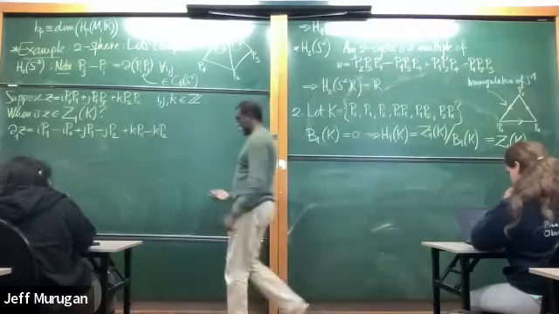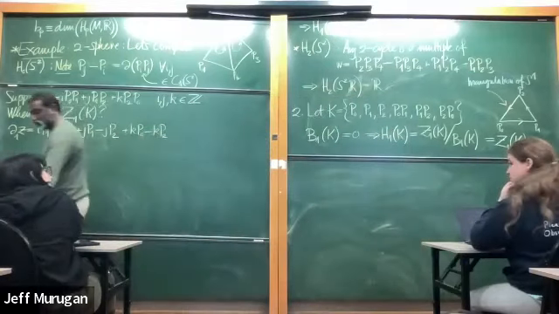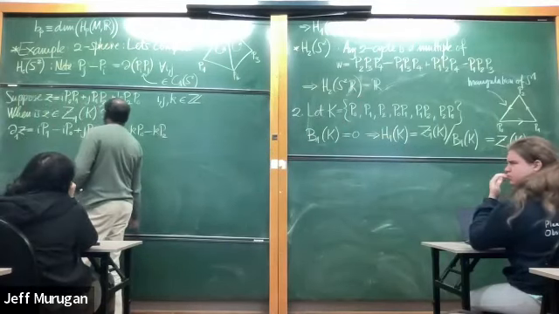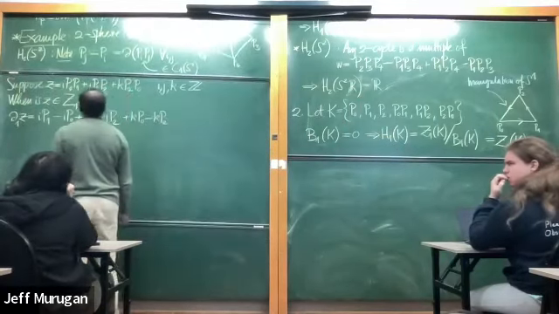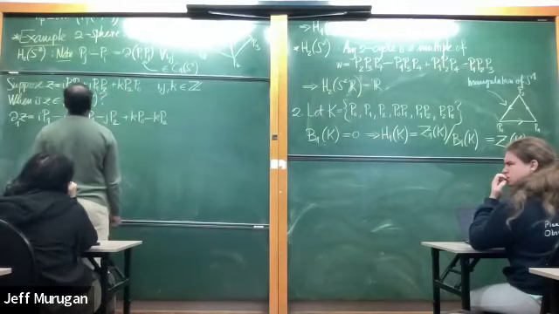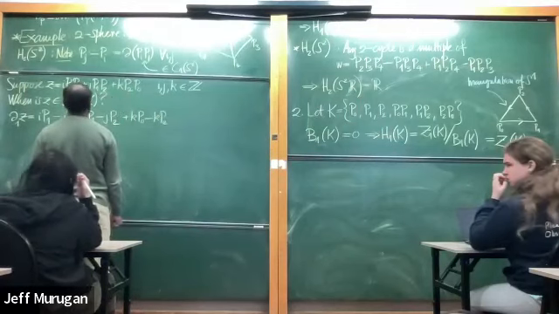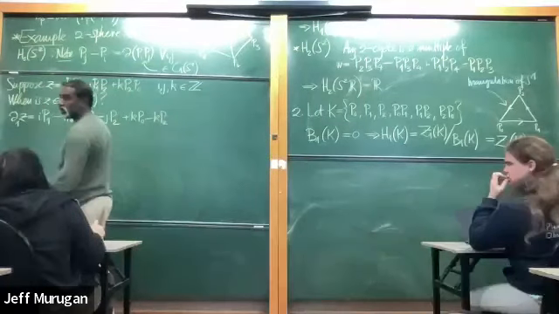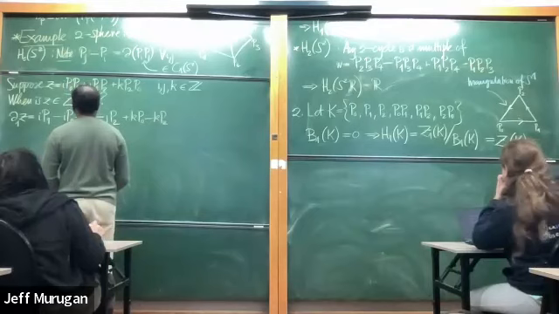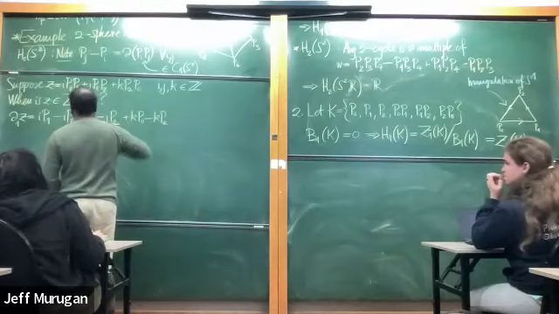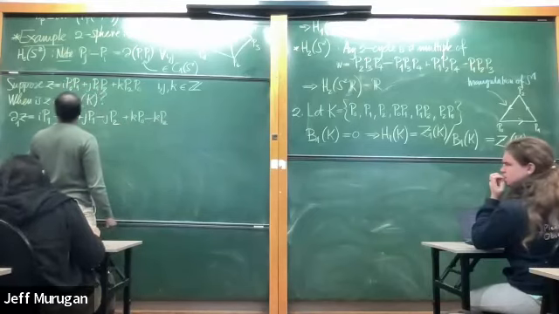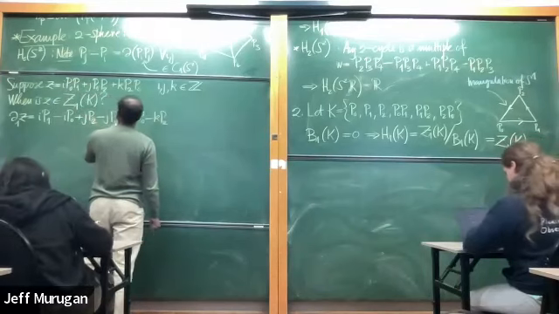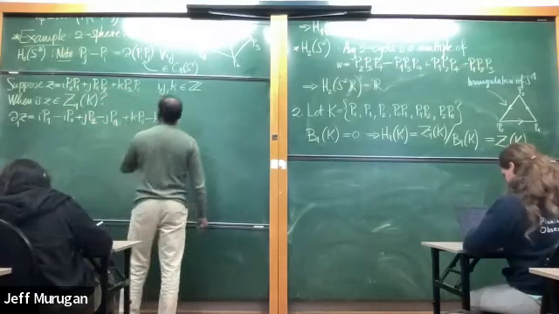By our construction of how to construct boundaries, the boundary of P1 P2 is P2 minus P1, and the boundary of P2 P0 would be P0 minus P2.